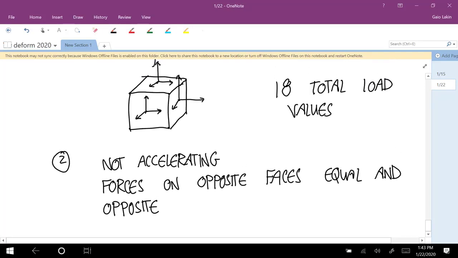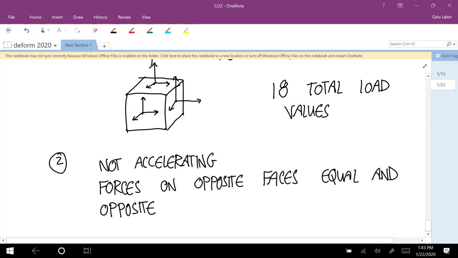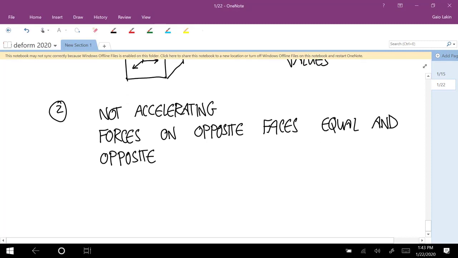Okay, well, that means that we've eliminated the independence of any values on those 3 obscured sides. So now how many values are we down to? 9.